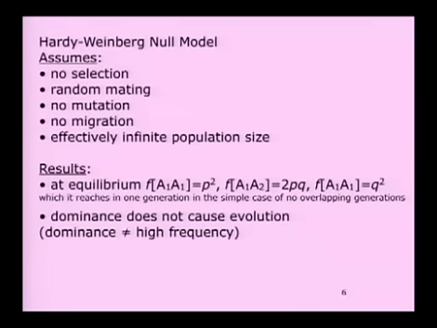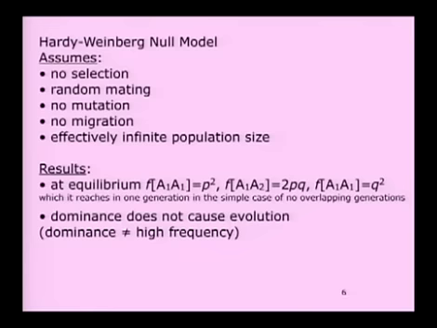So it adds up to 1, right? If you didn't have any selection, and you didn't have any mutation, and you didn't have any of those things, then it turns out that no matter how long you go out, you'll still have that same allele frequency.